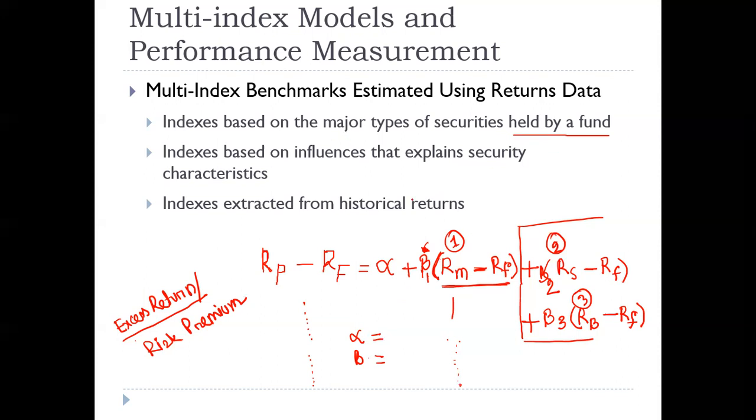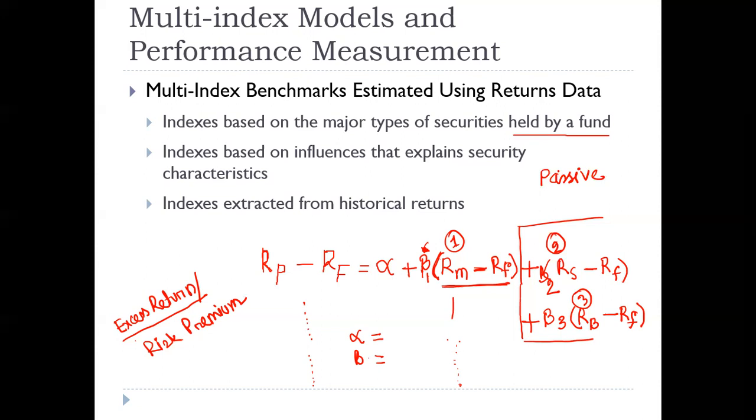One answer is that if the model we are considering is perfect or appropriate, or the index is very appropriate. For example, think about a passive portfolio. What does a passive portfolio do? It follows any one index. It mimics the index portfolio.